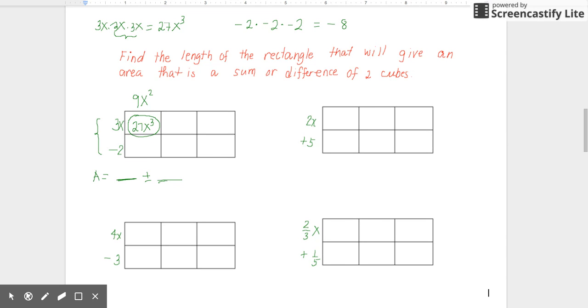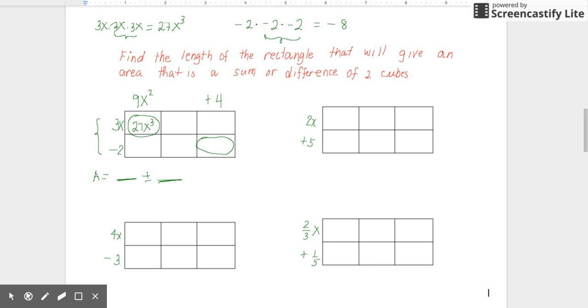The second term of the area, or the last term of the area, comes from this section. Now, one of the numbers that we are going to multiply to get this product here is -2. So therefore, in order to get a perfect cube here, we will multiply -2 by -2 times -2, which is +4.